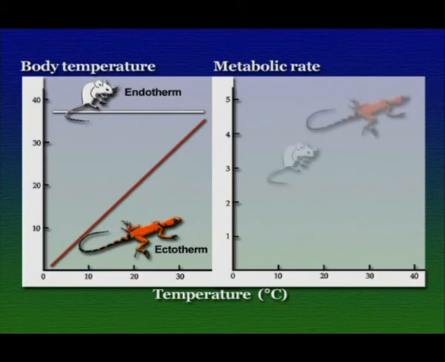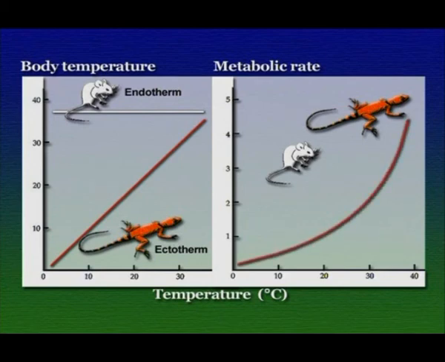If we looked at metabolic rates, we'd see that the lizard's metabolism, like its internal temperature, also changes directly with the ambient temperature. It has very low metabolism at low temperatures and high metabolism at high temperatures. This is because the lizard's metabolic rate is tied to its body temperature.